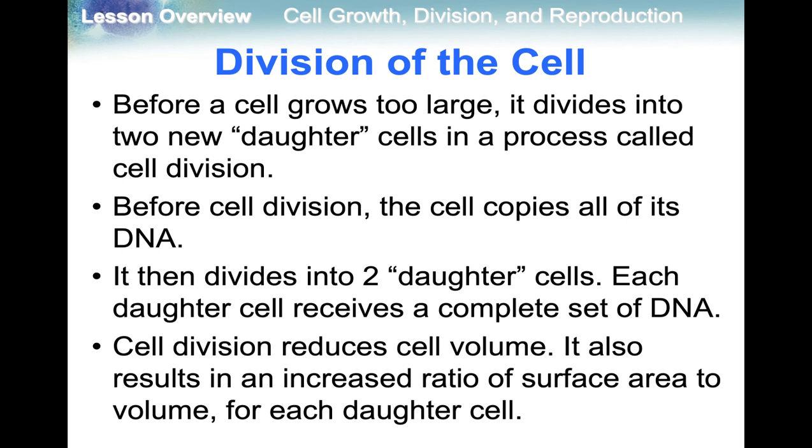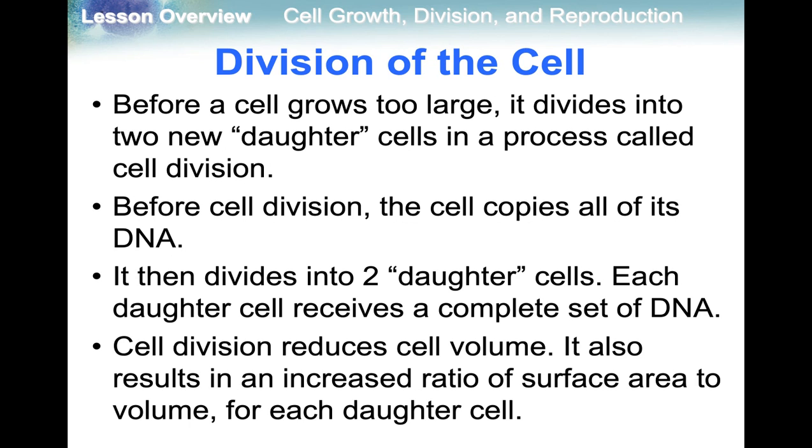So, what happens before a cell grows too large is it divides into two new daughter cells in a process we refer to as cell division. Before cell division actually occurs, the cell copies all of its DNA because remember, all cells have to contain DNA.